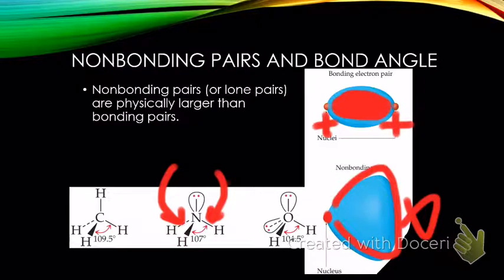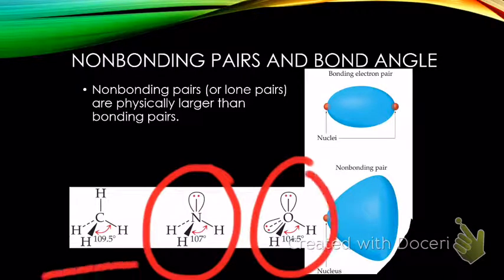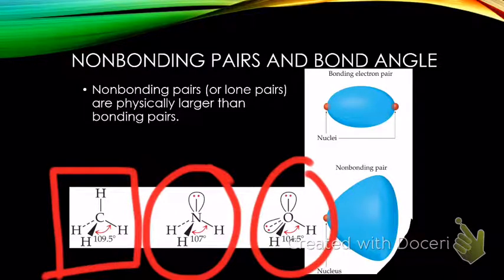So that's why if you look at the examples here with ammonia and water and you compare that to methane, methane does have that perfect tetrahedral 109.5 degrees. However, ammonia is a little less than 109.5, it's at 107. Water is even less than that, it's at 104.5.